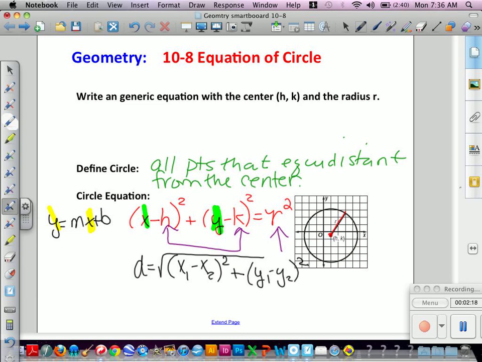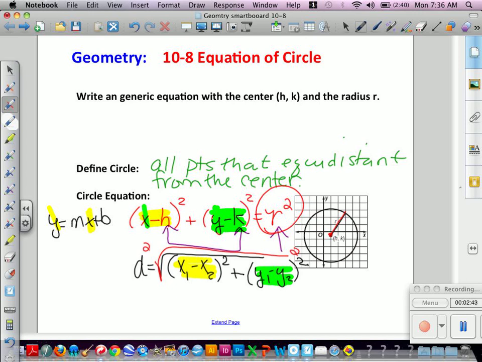Do you see how that pattern exists here? x1 minus x2, y1 minus y2, and then we have radius squared here, because we've gotten rid of the square root by squaring each side.